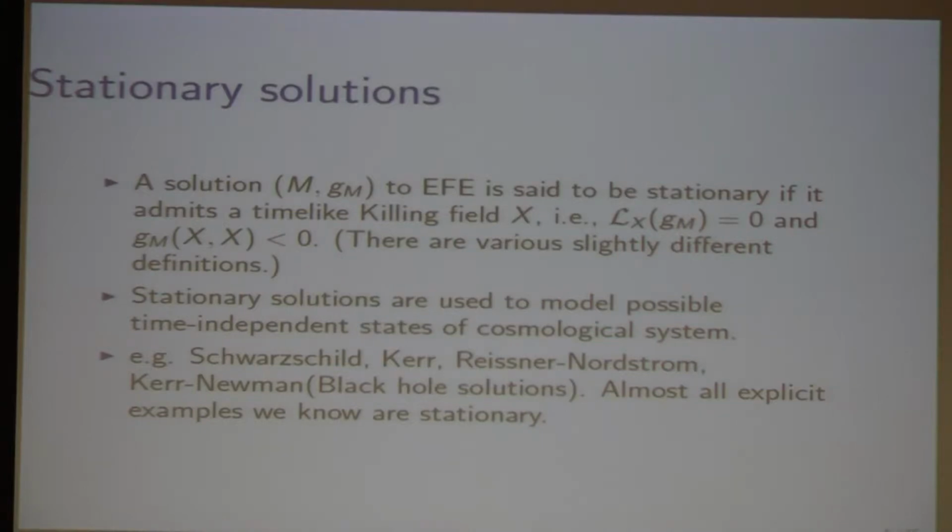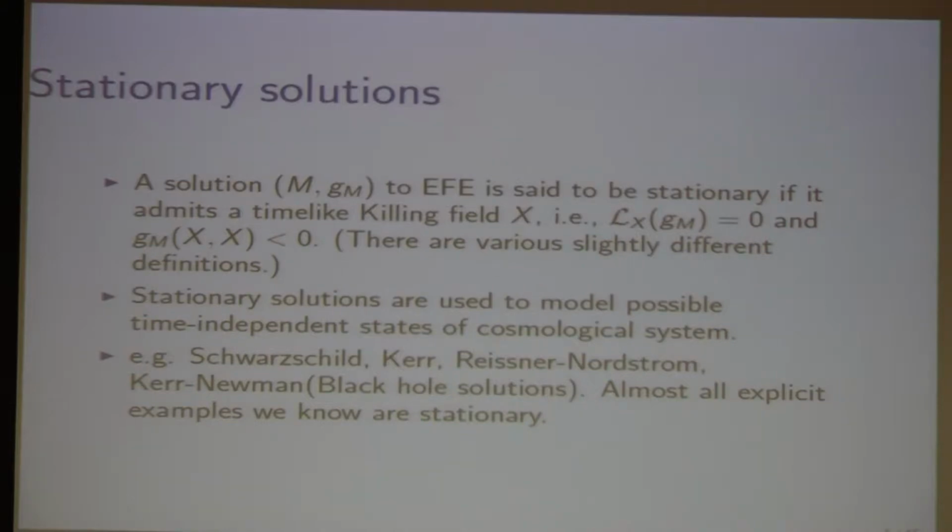There are a lot of examples of stationary solutions. For example, the Schwarzschild solution, Kerr solution, Reissner-Nordstrom, Kerr-Newman solution. All these solutions are so-called black hole solutions.